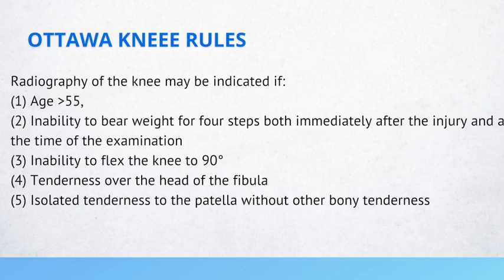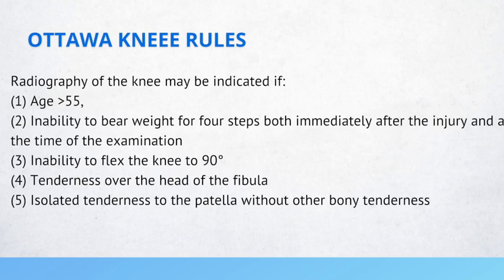Also, if they have an inability to flex the knee to 90 degrees, if there's tenderness over the head of the fibula, or isolated tenderness to the patella without other bony tenderness. So if any one of these are present in a patient, then you want to go ahead and do imaging.